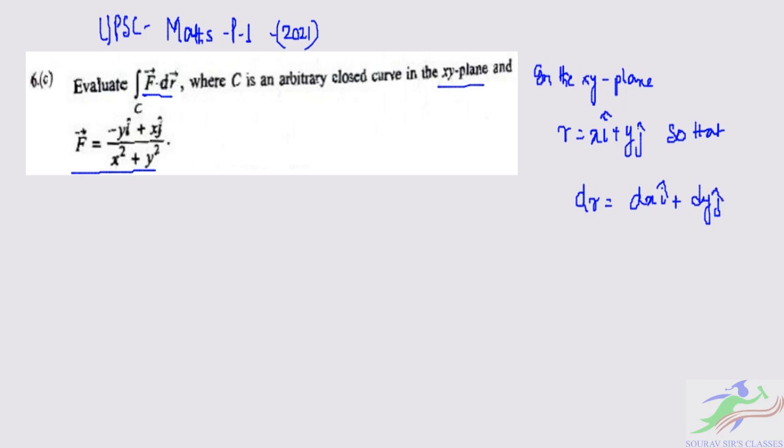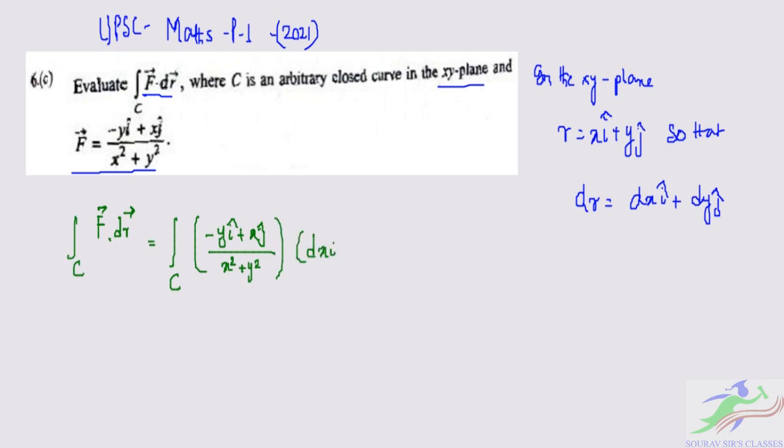So now we have this integral over C of F dot dr. Now we put in the value of F, minus y i plus x j by x square plus y square, and dr is dx i plus dy j.